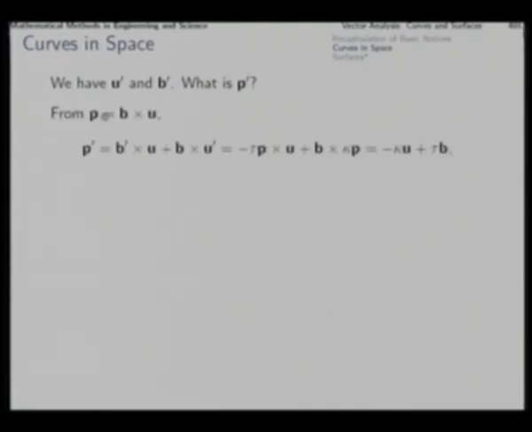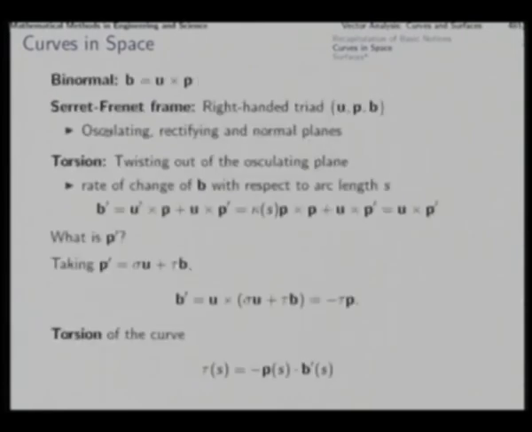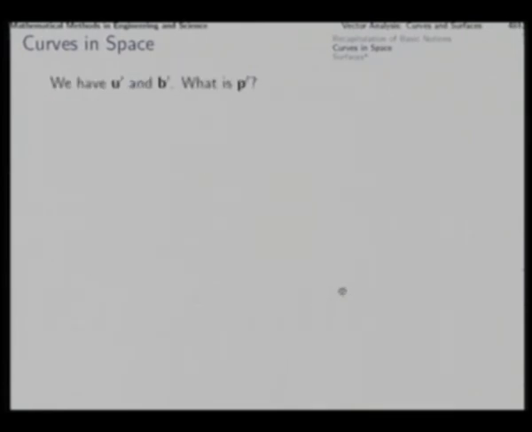So, if p is b cross u, then its derivative will be b prime cross u plus b cross u prime, right. And if we use the expression for b prime as we derived just now, that is b prime is minus tau p, then we find minus tau p cross u plus b cross u prime, which is kappa p.